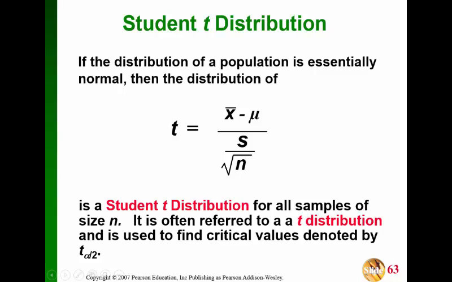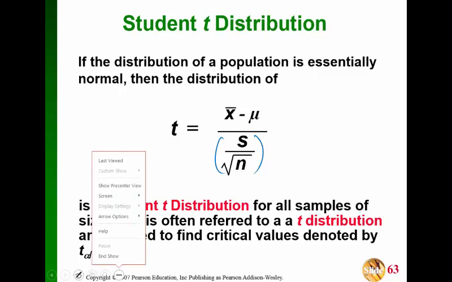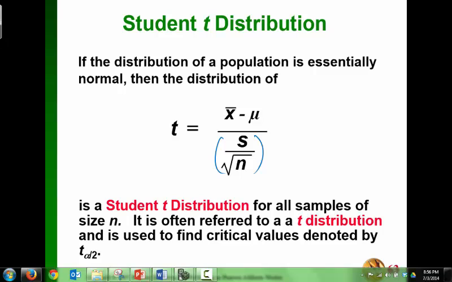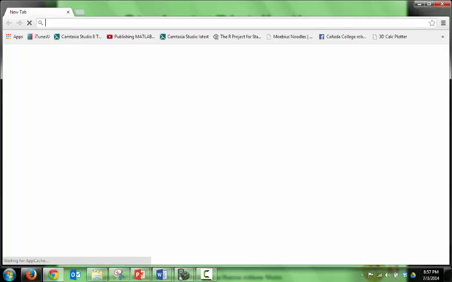This is not the definition of the student T distribution. The definition of the student T distribution is way more complicated than this. Actually, just to waste some time here, let's see if we can find the student t distribution defined appropriately.